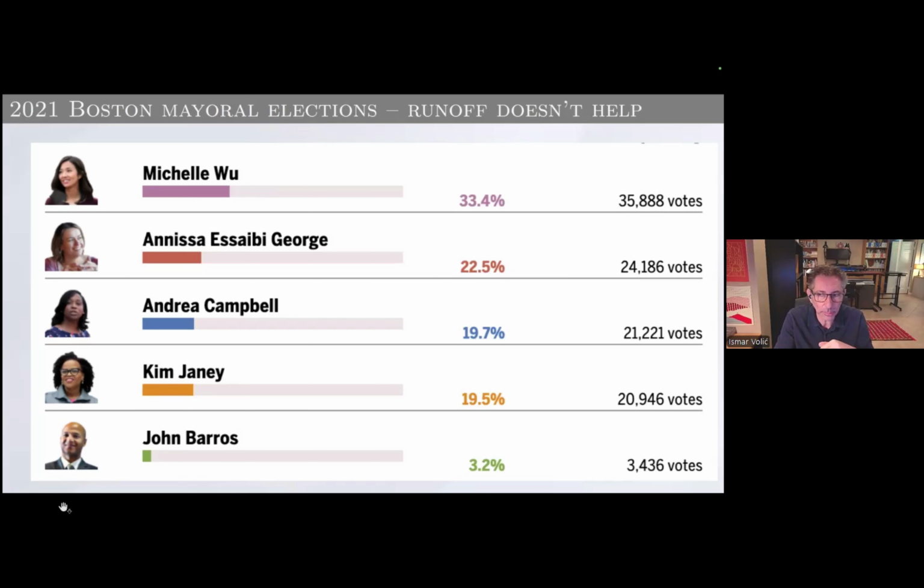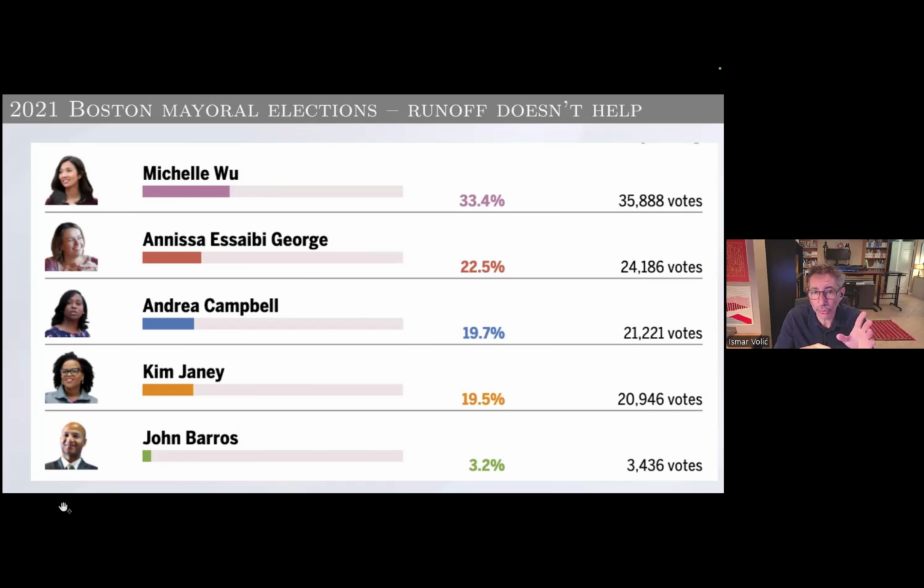And here's a perfect example. I live outside of Boston, and Boston had these mayoral elections in 2021, where the top two candidates were Michelle Wu and Annissa Essaibi George. They went into the runoff, and Michelle Wu won, and she's still the mayor of Boston. However, if you look at third and fourth place, Campbell and Janey, maybe there was vote splitting there.